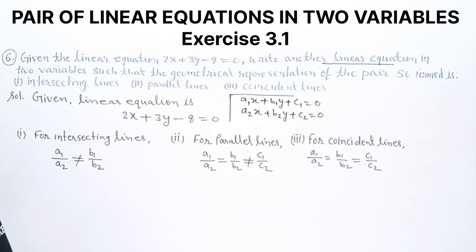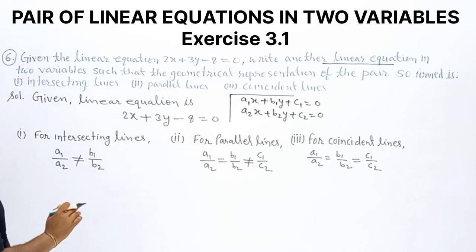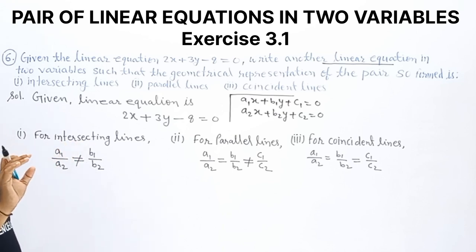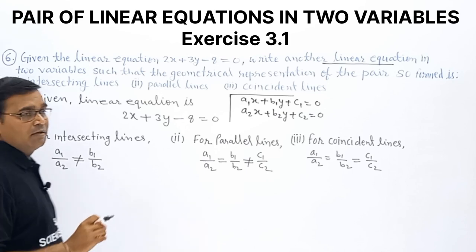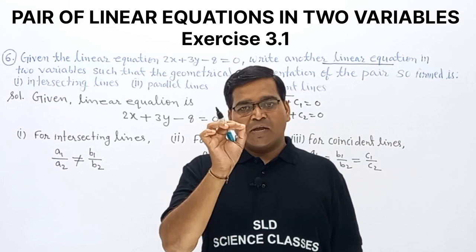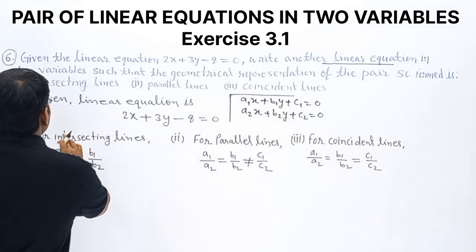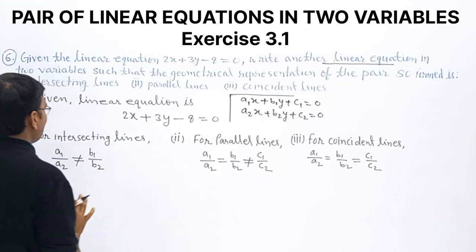So how will we write another linear equation in two variables? One is this one, and another I can write as anything, not a fixed one. We can get different answers; we cannot obtain the same answer. One linear equation is this one.